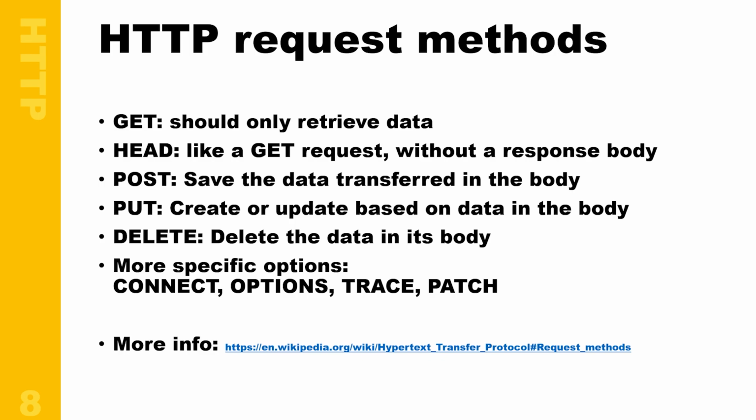There are more specific options like CONNECT, OPTIONS, TRACE, and PATCH, but I refer to Wikipedia for a more in-depth look. They might not be of use for this course project that we are doing for Web 2, but they might be handy in the future if you need different options.